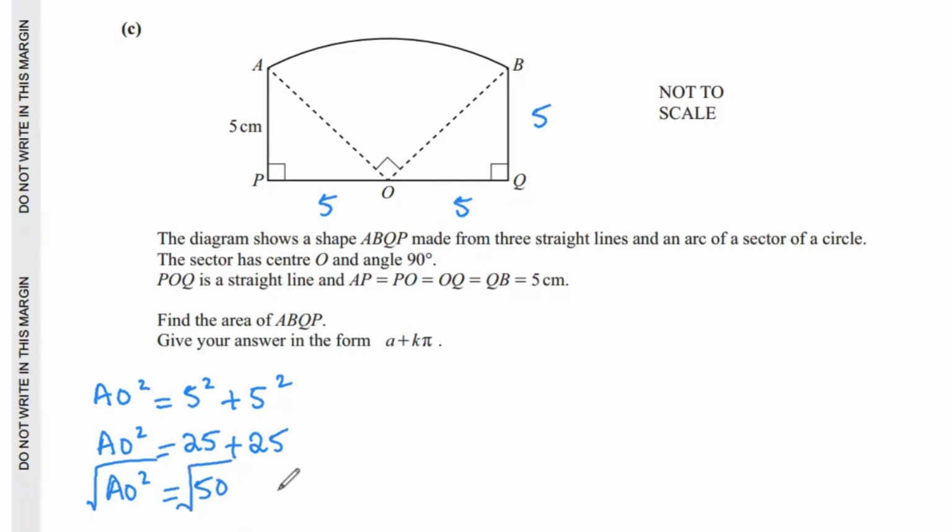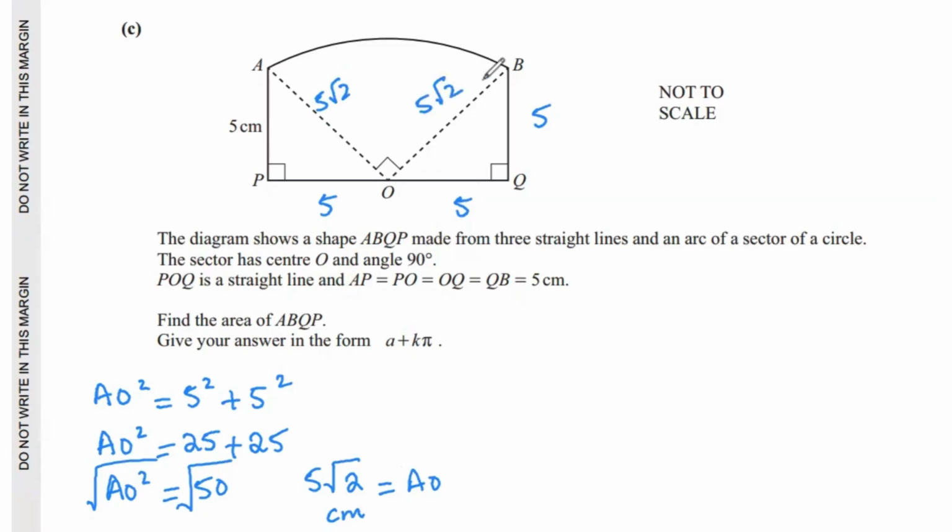So that gives us 5 root 2. That's the value of AO. I'm going to write that over here. 5 root 2 centimeters is AO. So this is 5 root 2. This is 5 root 2.